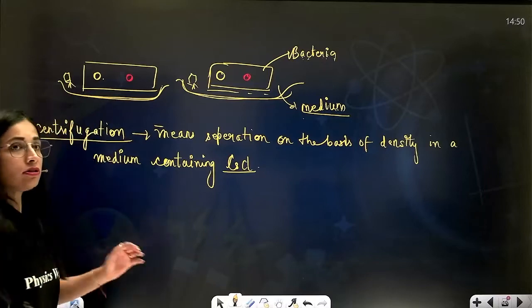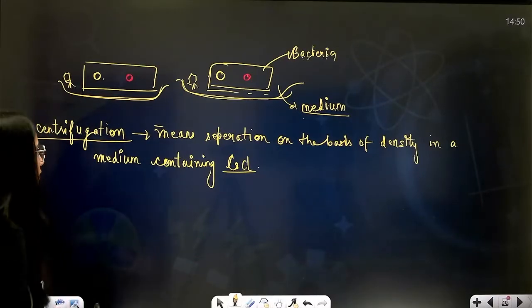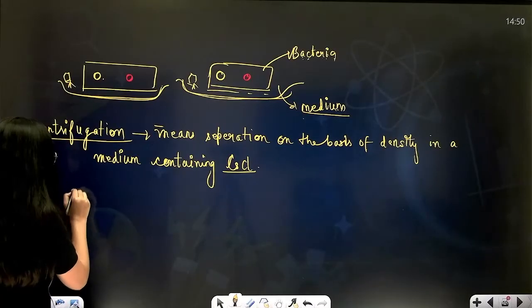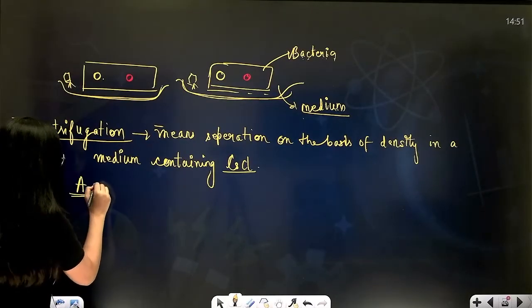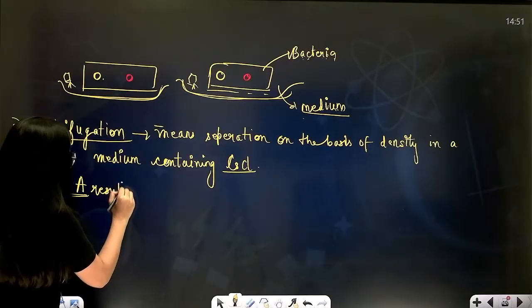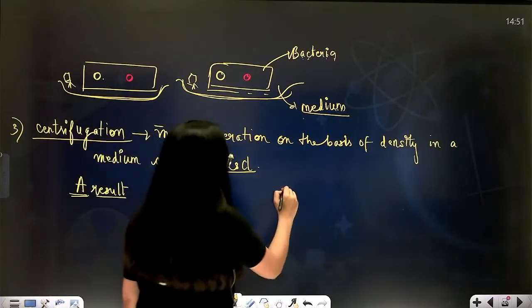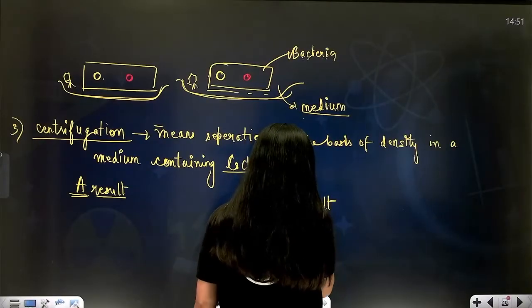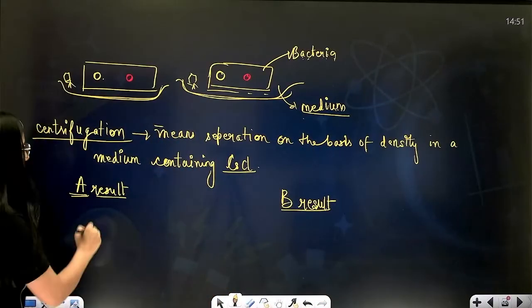Correct? Now see beta, what happens over here? Soon after centrifugation, the density, now this is the A result. I'm going to write the A result over here, and here I'm going to write the B result. Right? Now what happens in case of the A result?